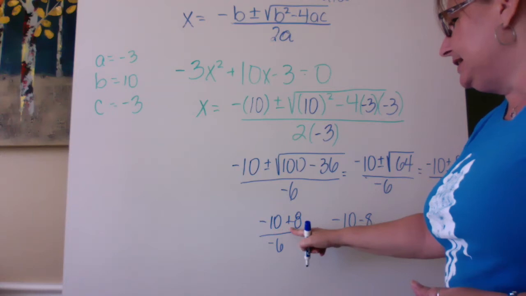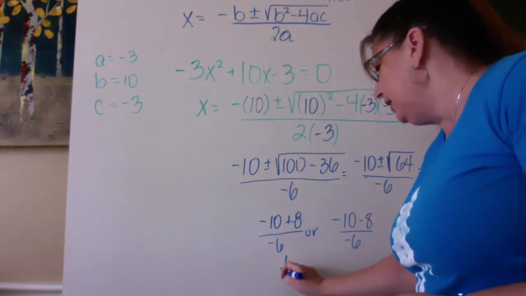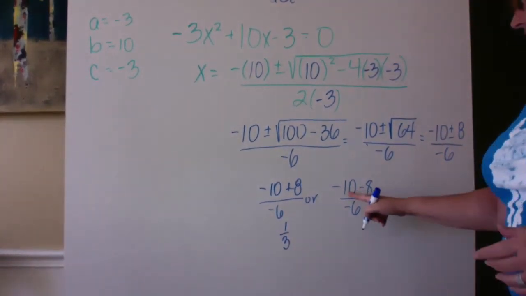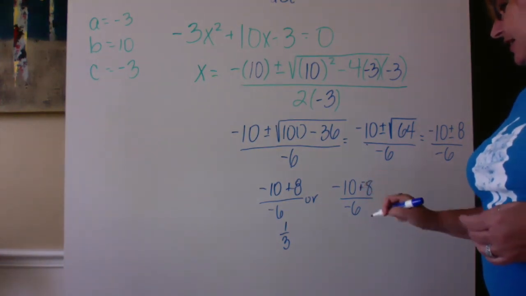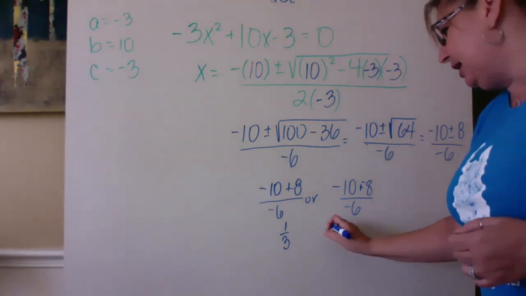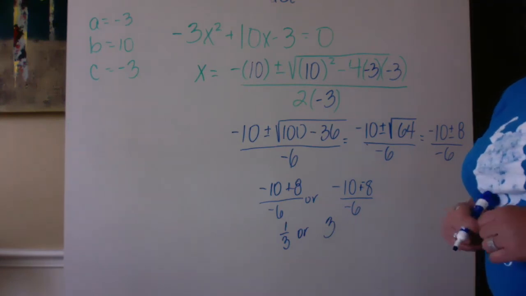-10 plus 8 is -2, over -6 is positive 1/3. A little lower, -10 minus 8 is really plus a -8. That's -18 divided by -6, which is a positive 3. So my solutions are 1/3 or 3.